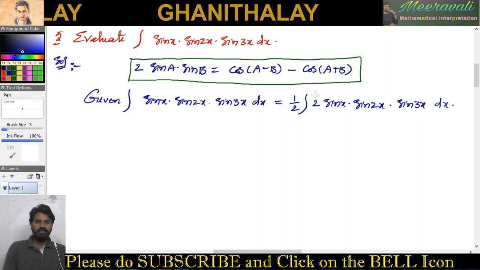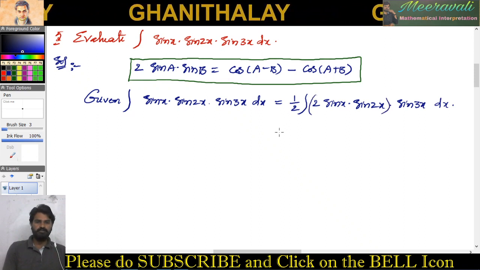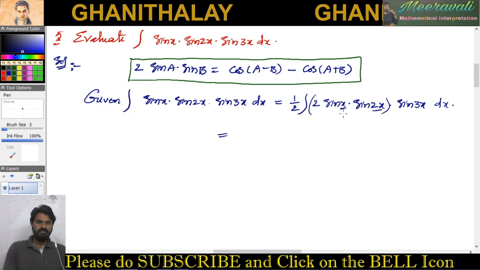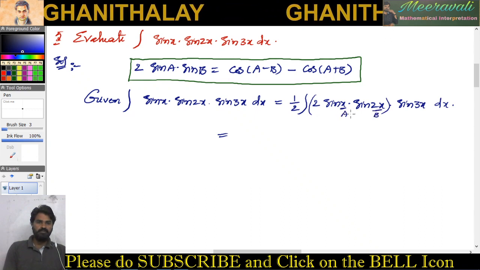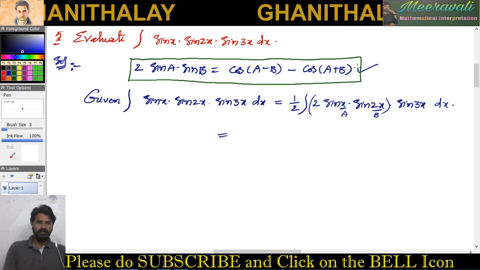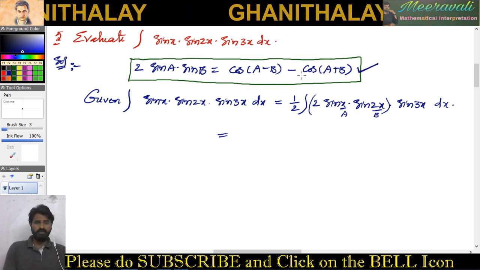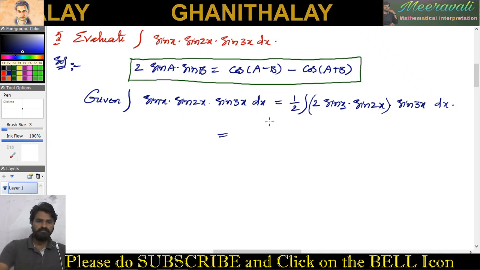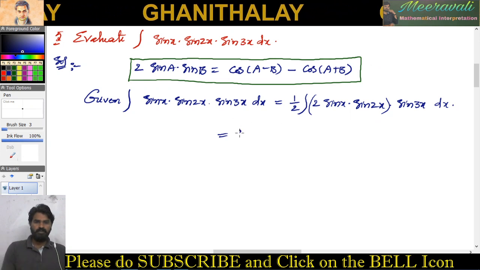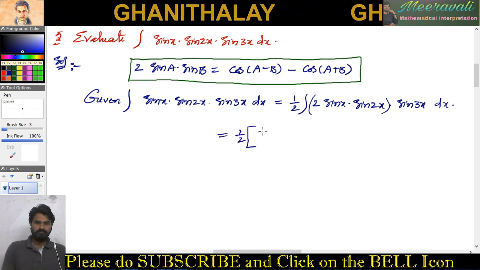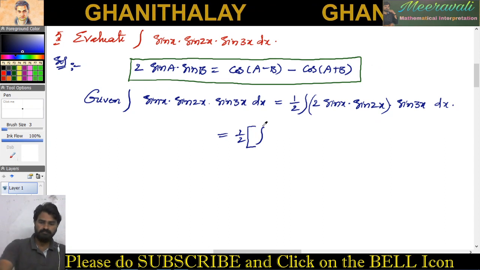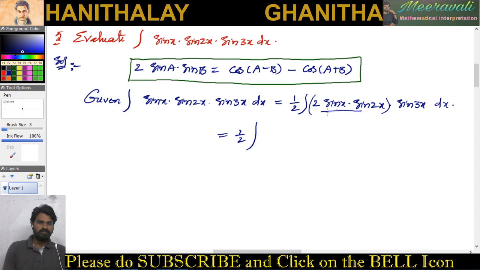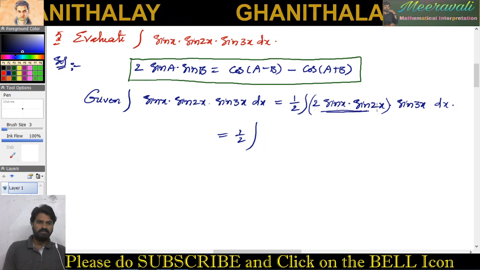Now I am going to take these two terms as a group. Now I am going to use here 2 sin A sin B. This can be A, this can be B. I have taken. So we have the formula, this one, cos of A minus B minus cos of A plus B. Now you have to write here 1 by 2 into integral of 2 sin A sin B. A means x, B means 2x.